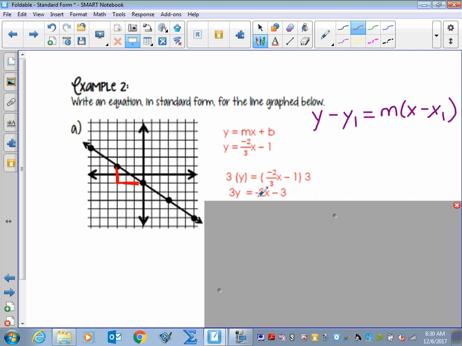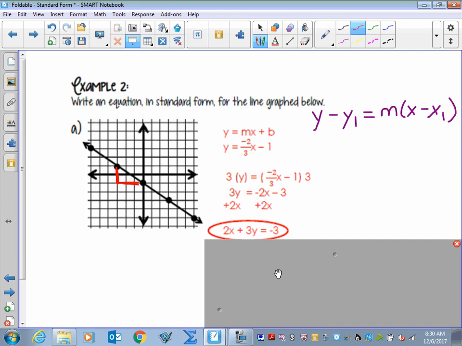The only other move I need to make is to add this 2x to the other side. So once I do that, I have 2x plus 3y equals negative 3. And I'm done because I have all integers and the x term is positive.